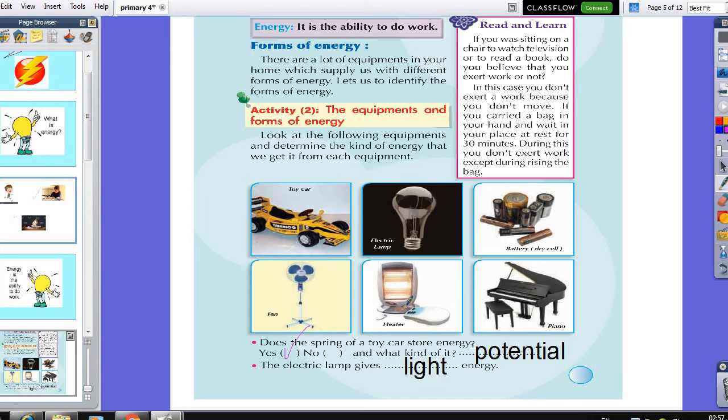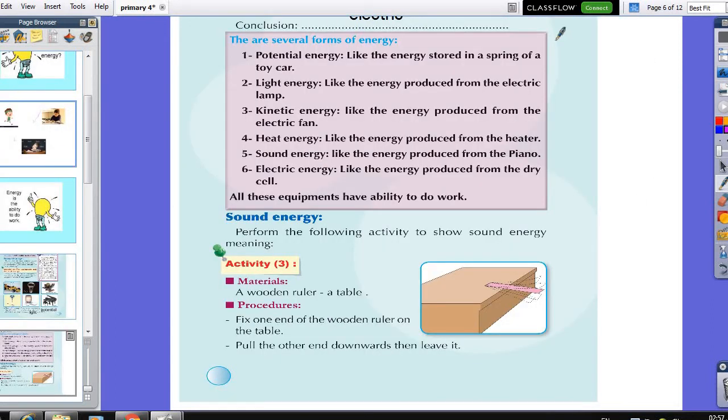Heater, we know that a heater produces heat energy. Piano produces sound energy. Here we have several forms of energy: potential energy, light energy, kinetic, heat, and so on.